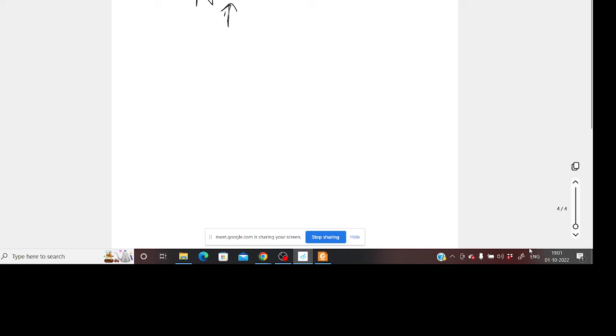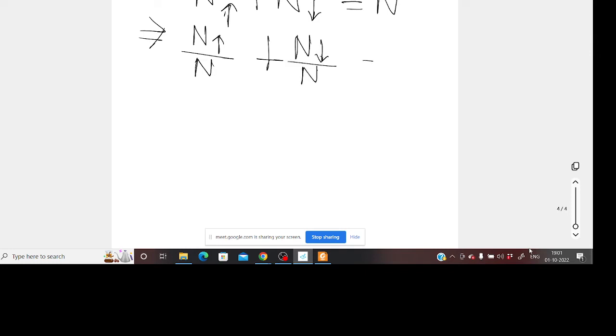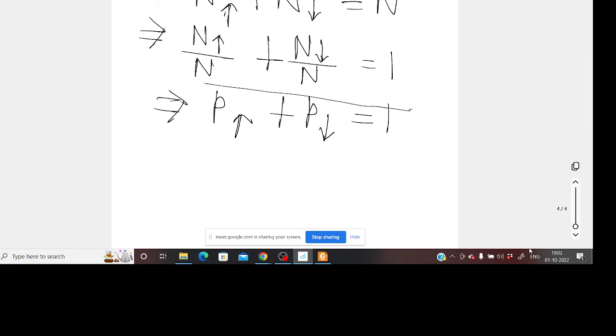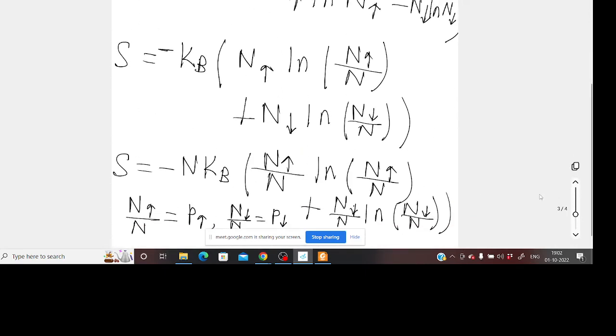Now we have n up plus n down equal to n, or n up by n plus n down by n equal to 1. This means p up plus p down equal to 1. So this indicates that the sum of the total probabilities is equal to 1, and here you just use this formula.